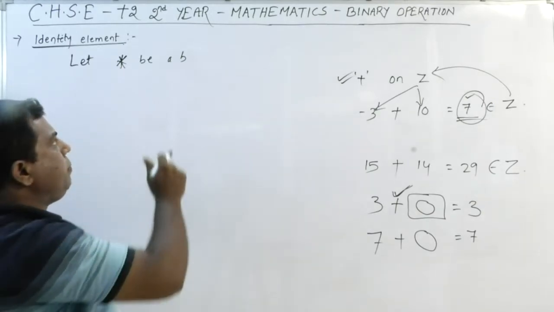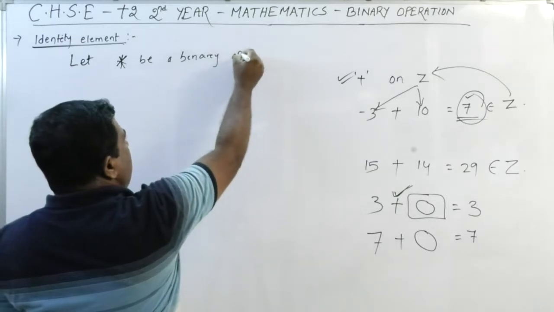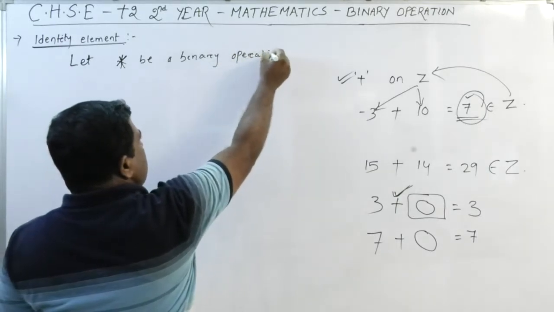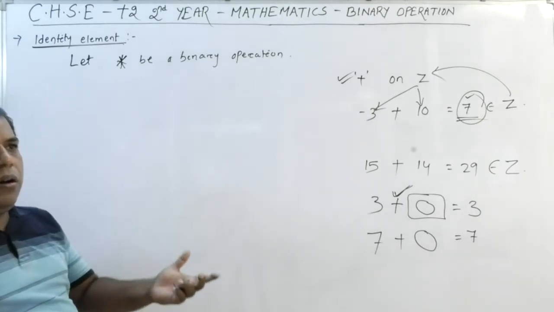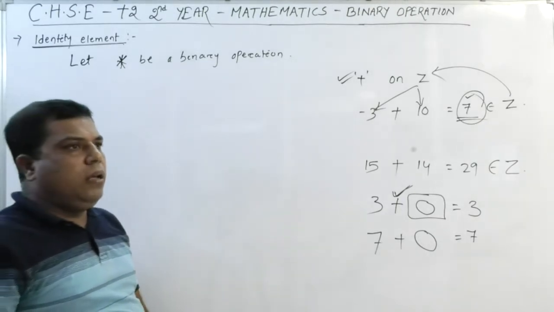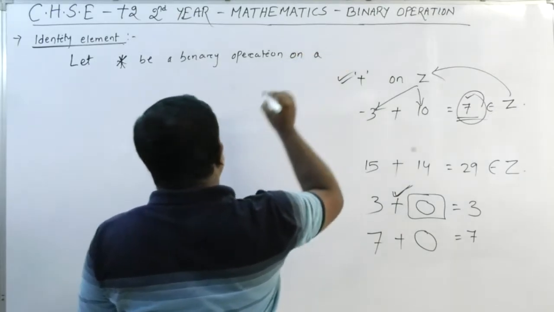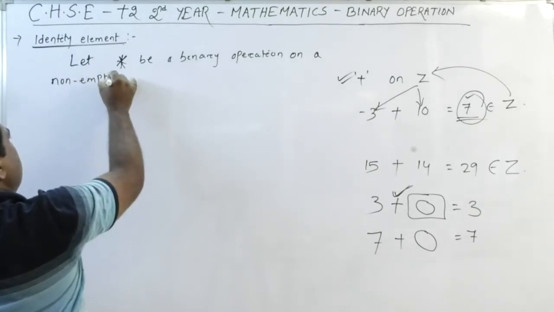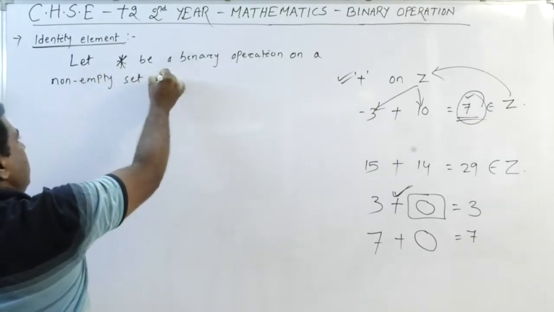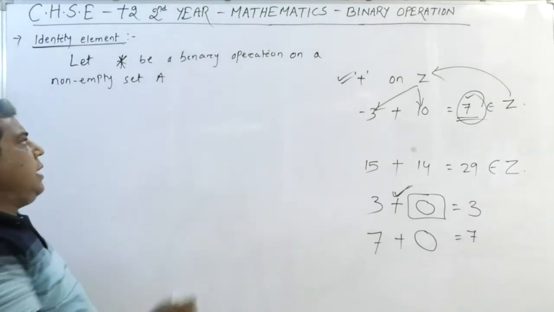Already we read this in our previous class. Let star be a binary operation on a non-empty set A. So we are defining the binary operation on the set A.